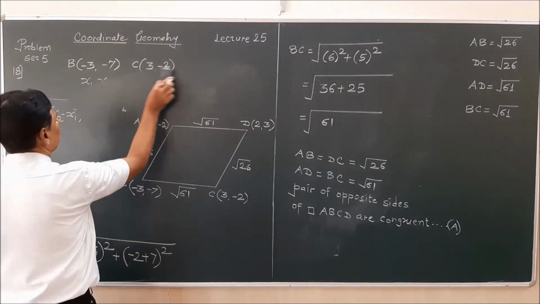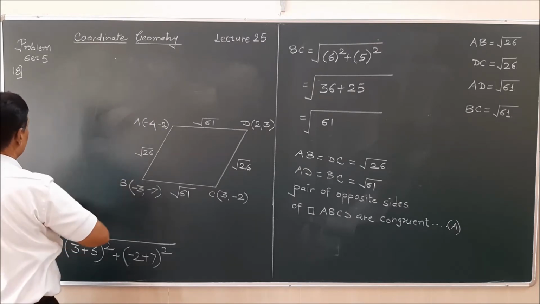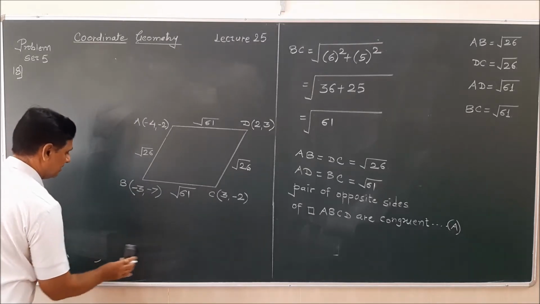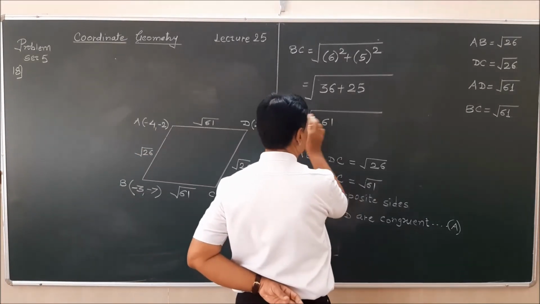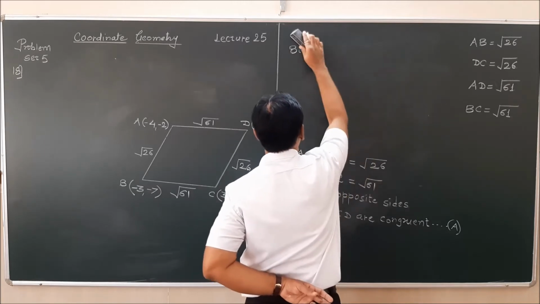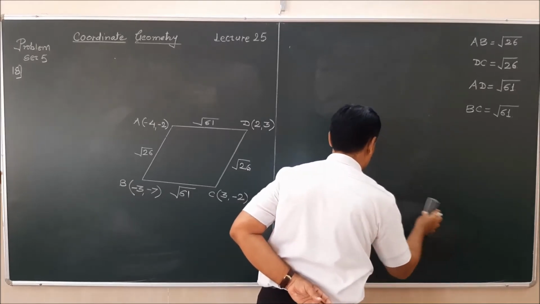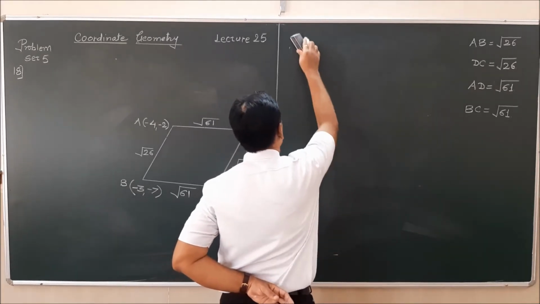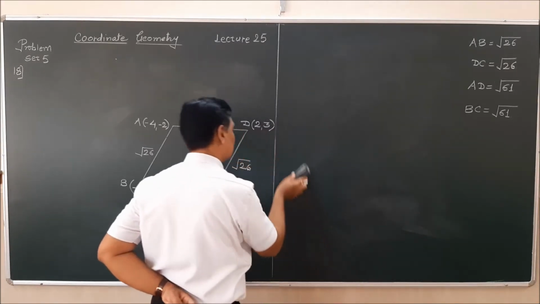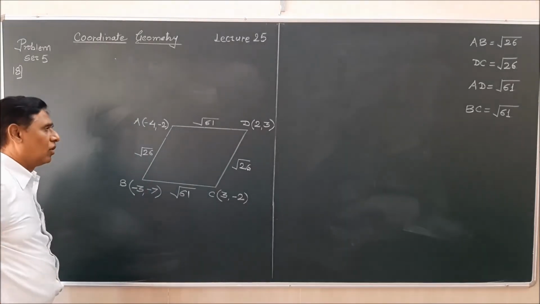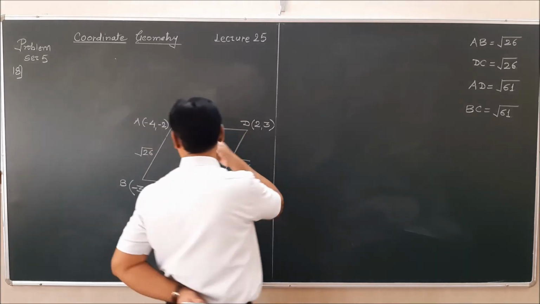We know the coordinates of A, B, C, D. I have to prove whether slopes of opposite sides are equal or not. So slope of AB.